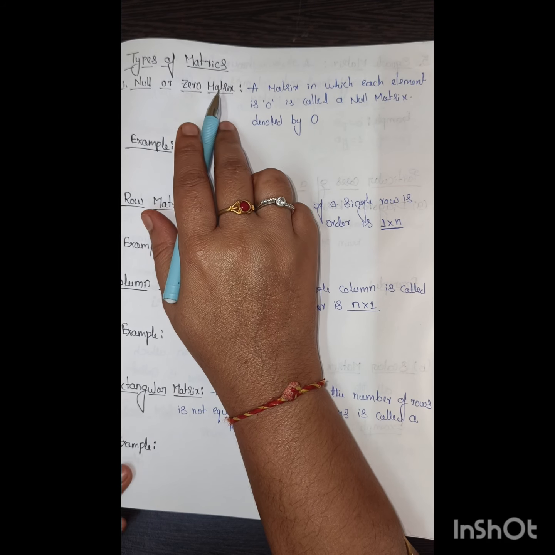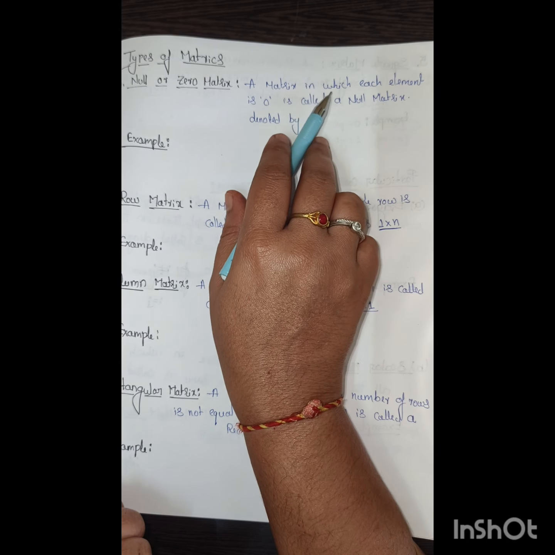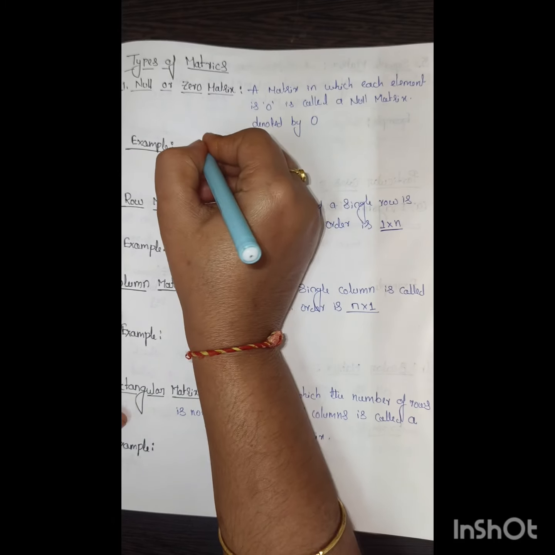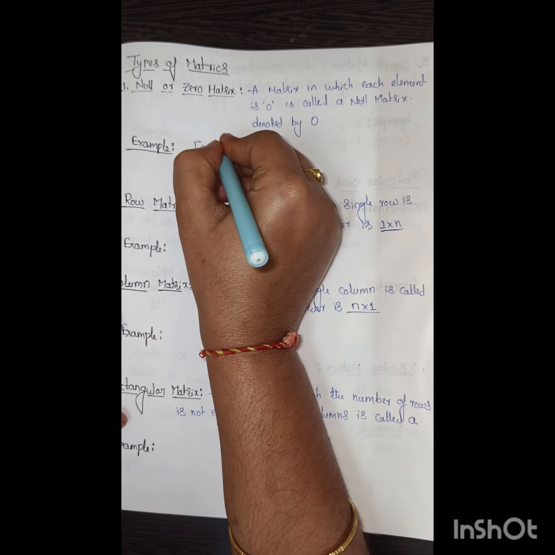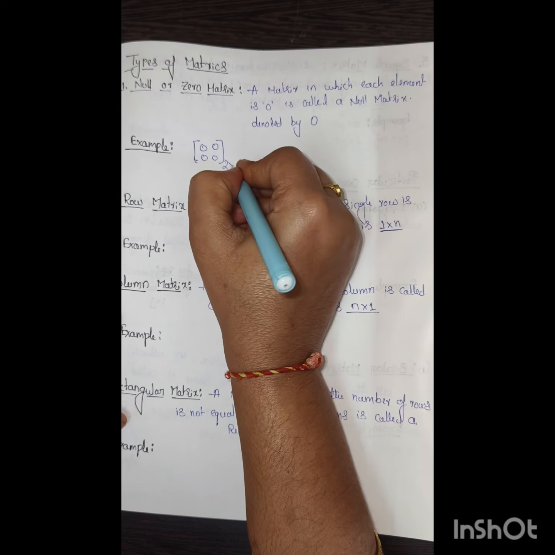Okay, next, types of matrices. First it will come, it is the null matrix. A matrix in which each element is 0 is called a null matrix. If I take a 2 by 2 matrix where all the elements are equal to 0, then it is called the null matrix. It is a 2 by 2 matrix.